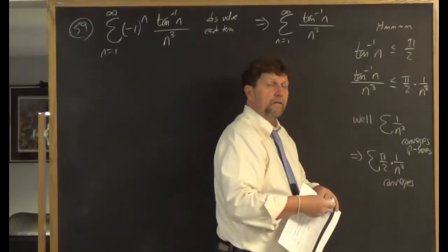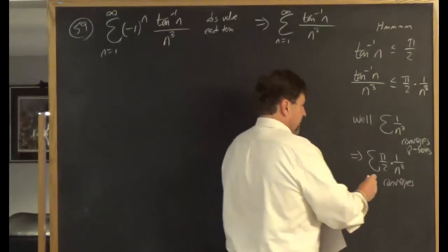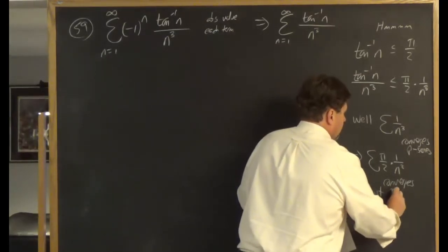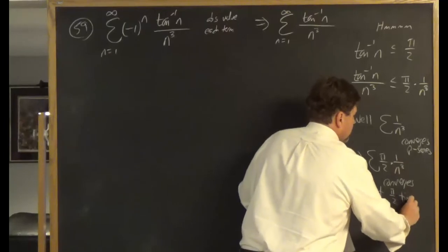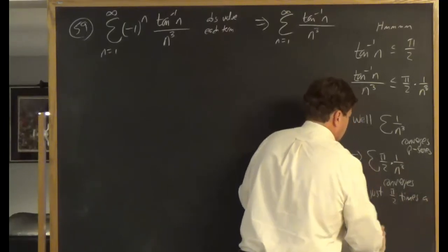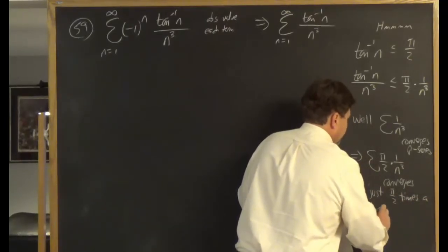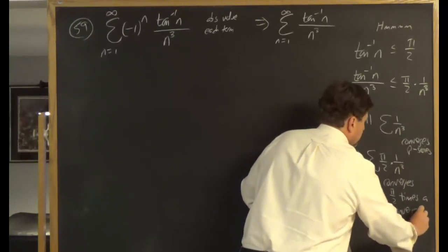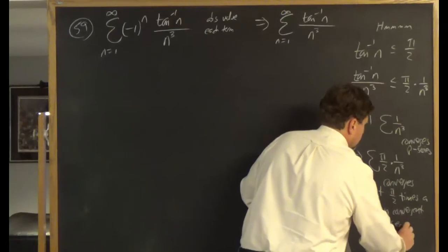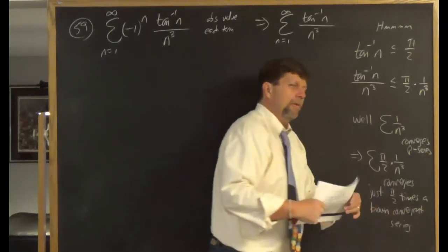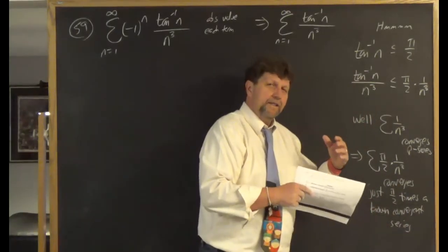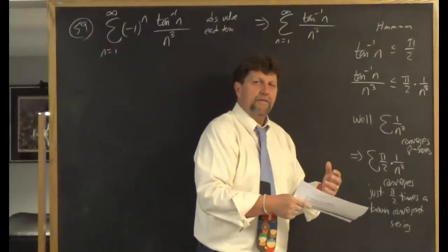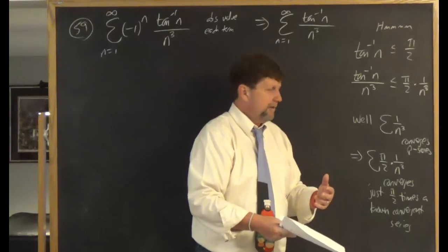Why? That's right. It's just pi over 2 times a known convergent series. Remember, multiplying a series by a constant doesn't affect the convergence or divergence.